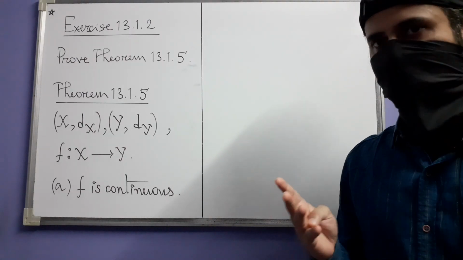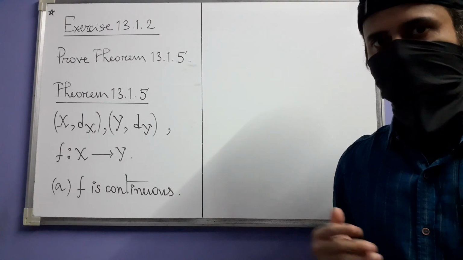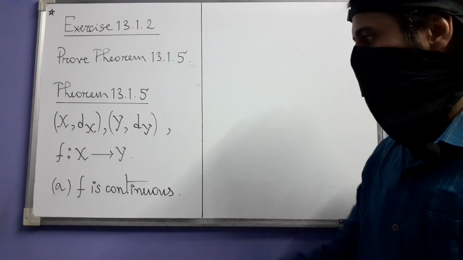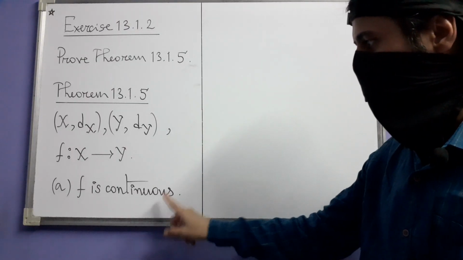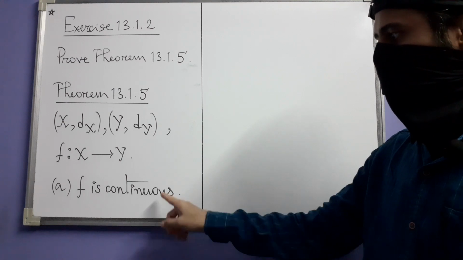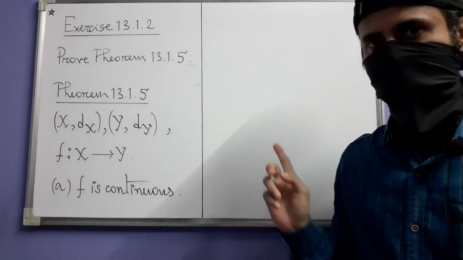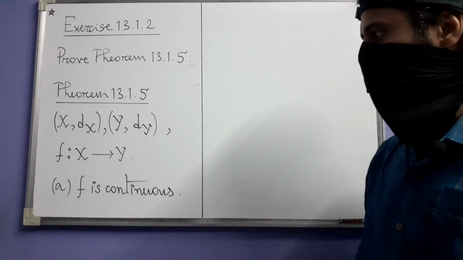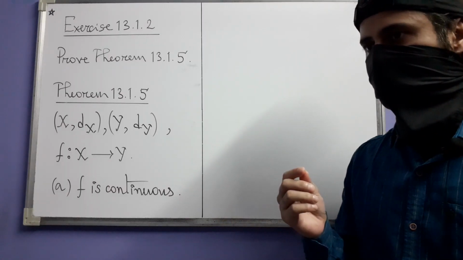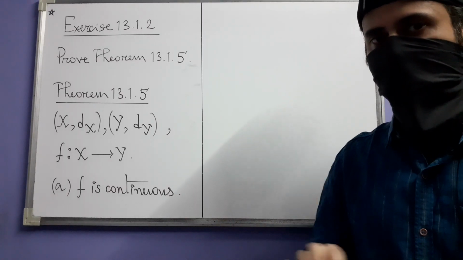You will see this time four statements which will be equivalent to one another. The first of which is this: f is continuous. You can compare this statement with the similar statement in the previous theorem. There it was about continuity of f at a single point.